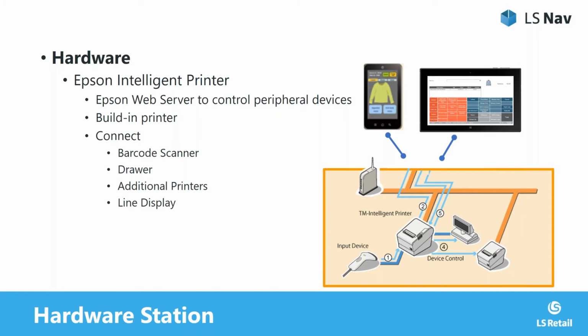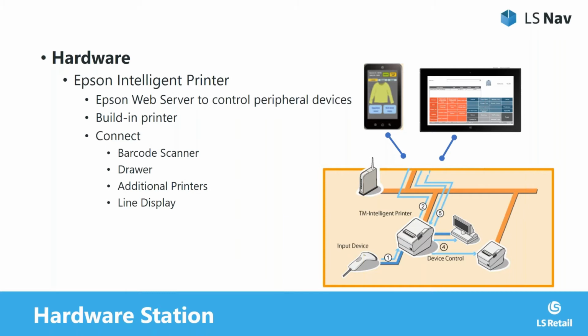And you can see in the picture, it's the center of the picture. That is a printer that will print the slip, but it's also a server or a controller for the other devices. So you plug the scanner into this device, line display, this drawer and all that. And that would control the devices for you.